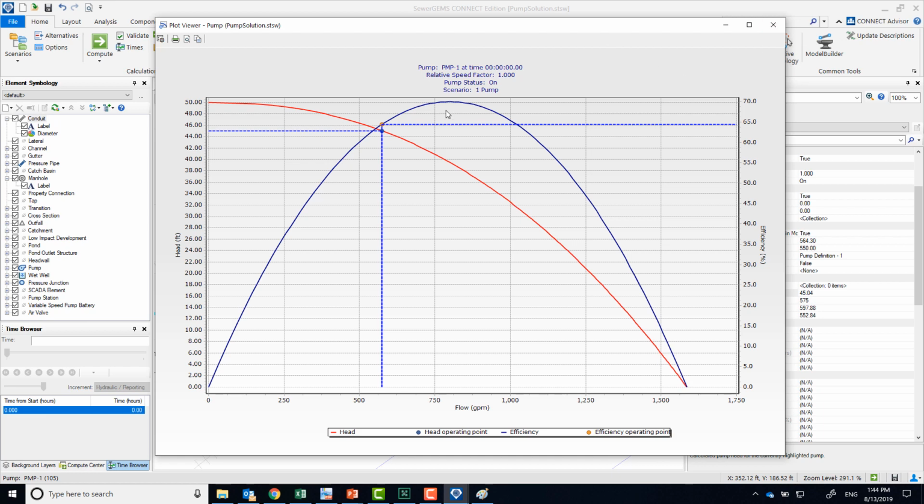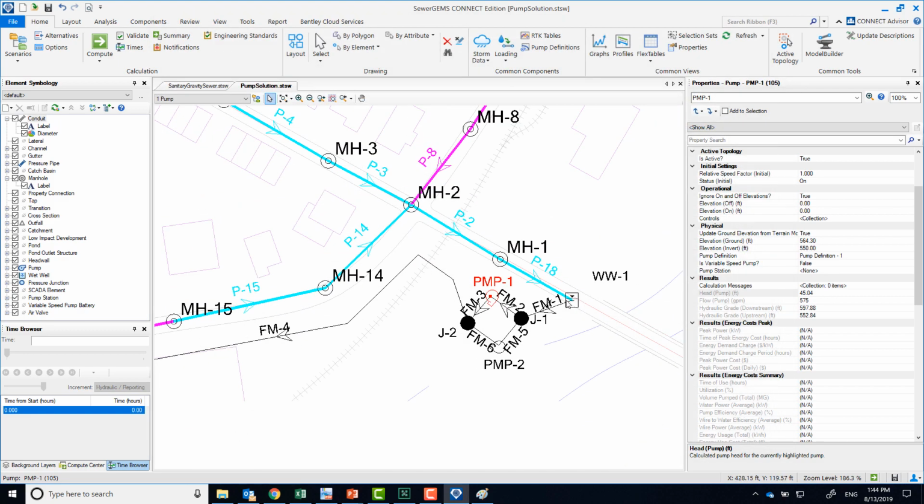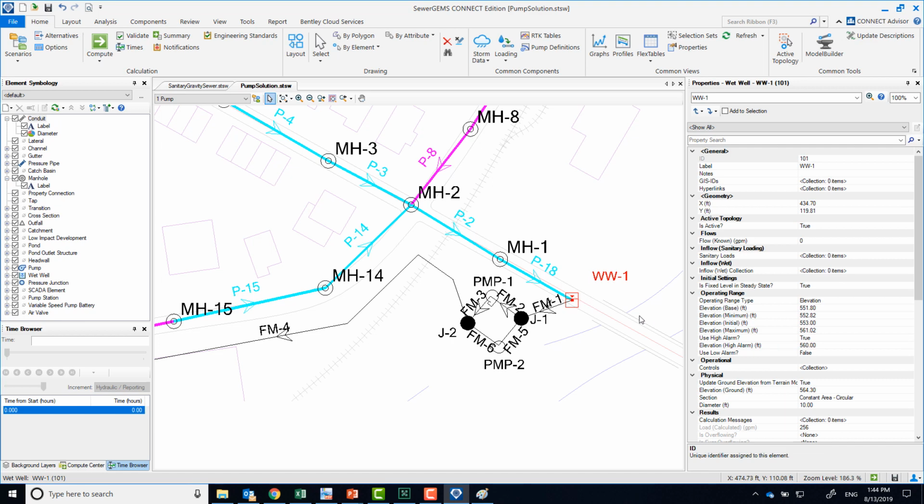Okay, so first of all, the head 45 feet. Why is it 45 feet? Well, you could see that the wet well elevation, so the water level, is 553 feet, right?